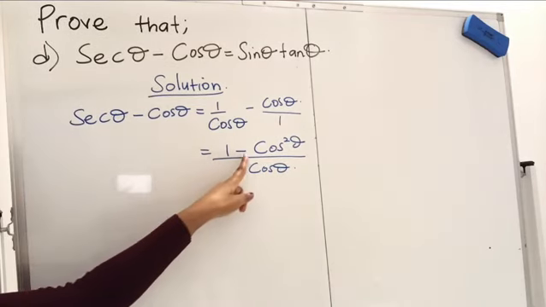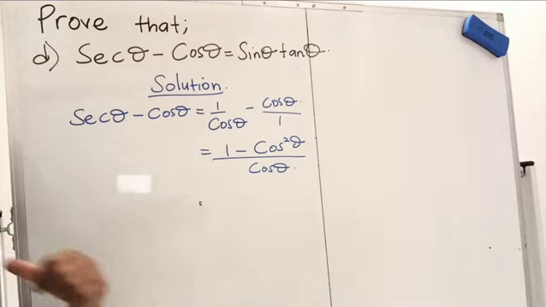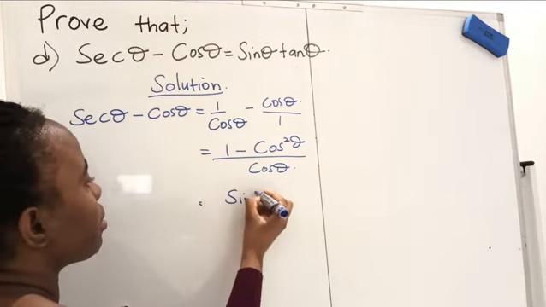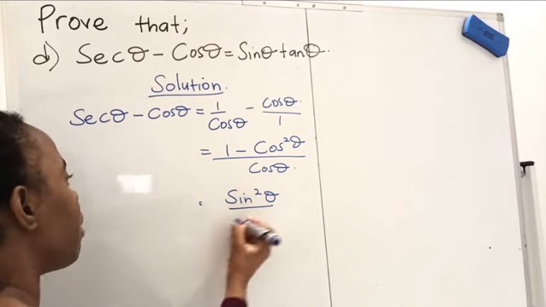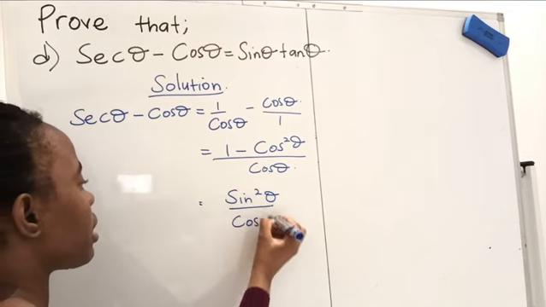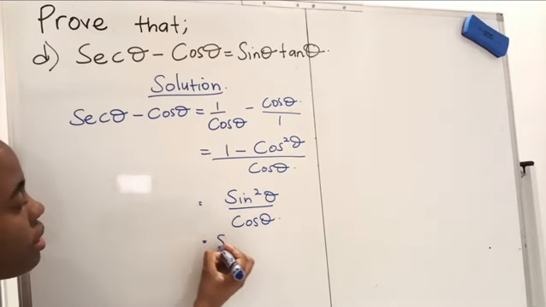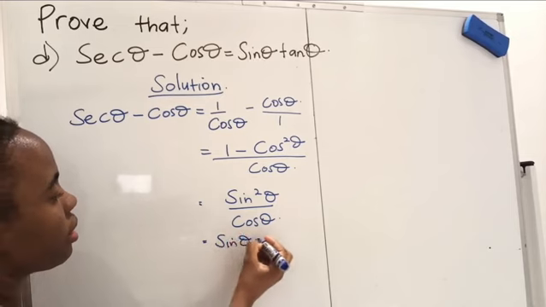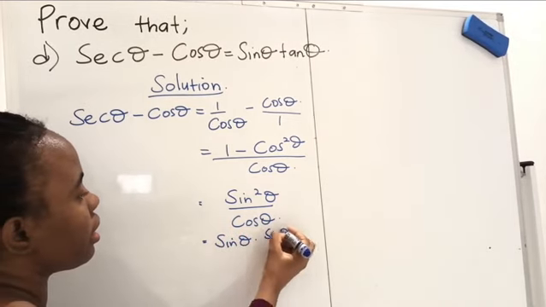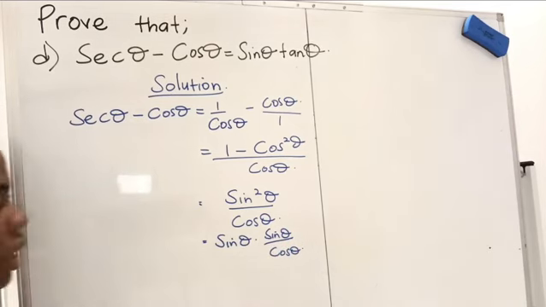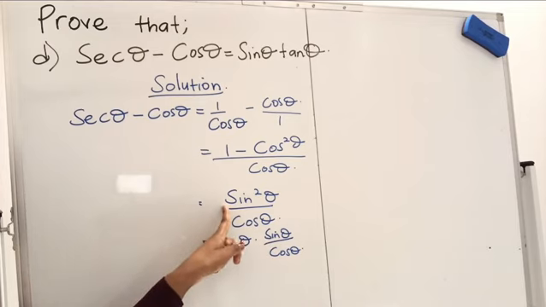Now we know that 1 minus cos squared theta is sine squared theta. That is sine squared theta divided by cos theta. Now let me rewrite this one as sine theta times sine theta divided by cos theta, because sine theta times sine theta, you go back to your sine squared theta.